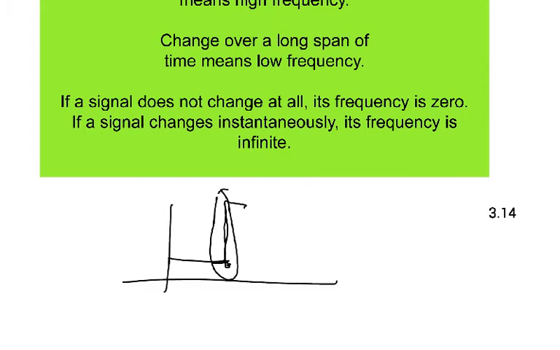So 1 over 0 is infinite. That's why we said that a digital signal usually has infinite frequency.